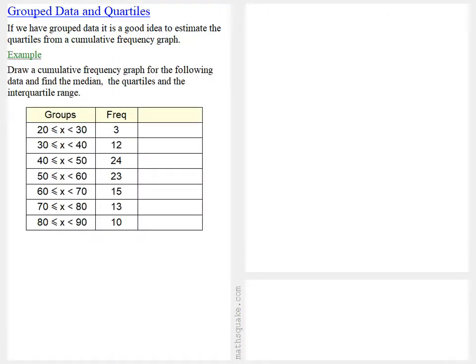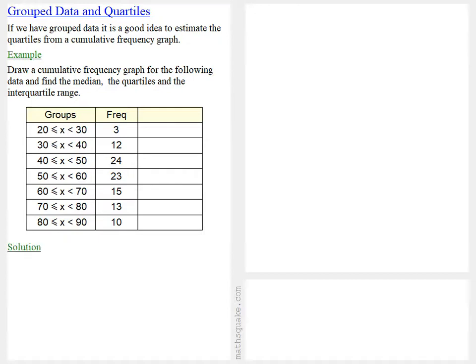Now let's see how we can deal with grouped data and quartiles. If we have grouped data, it's a good idea to estimate the quartiles from a cumulative frequency graph. For example, draw a cumulative frequency graph for the following data and find the median, the quartiles and the interquartile range.